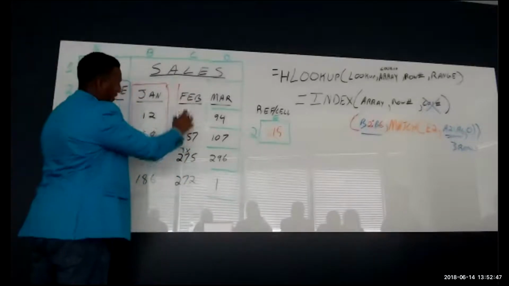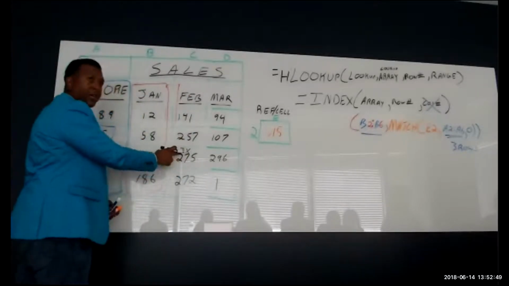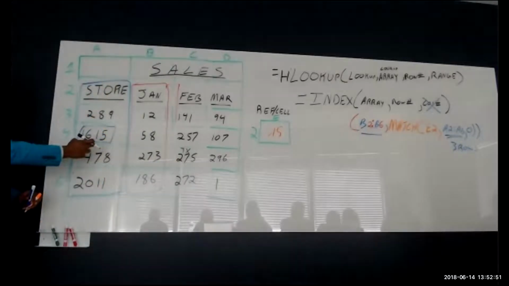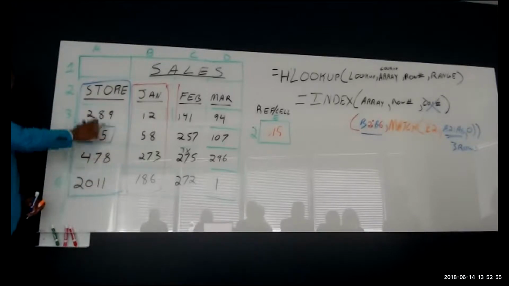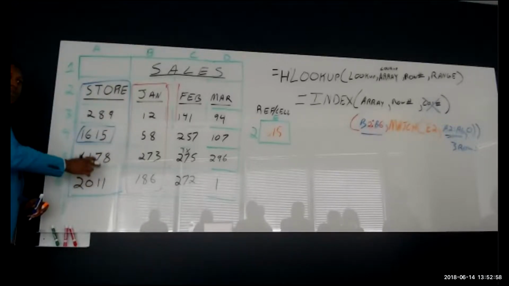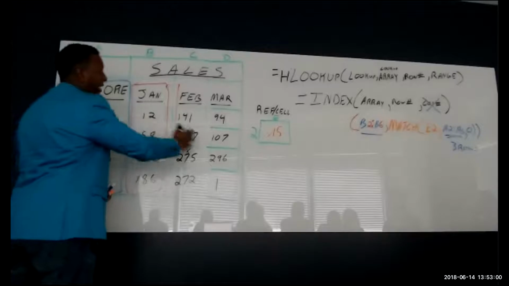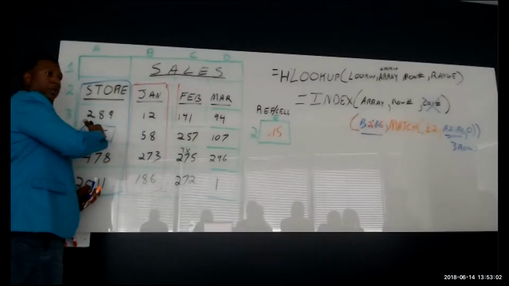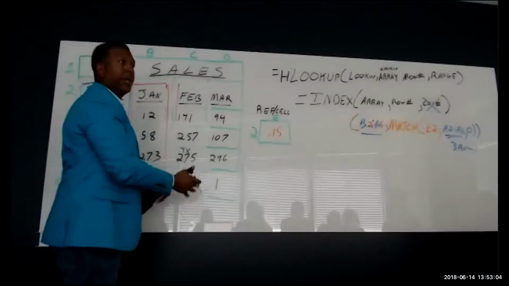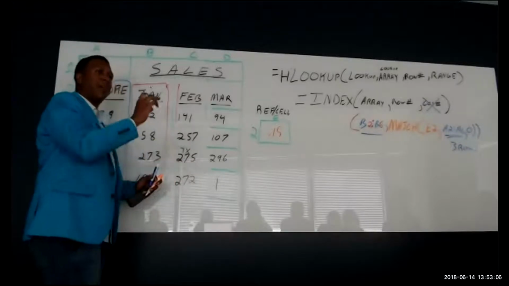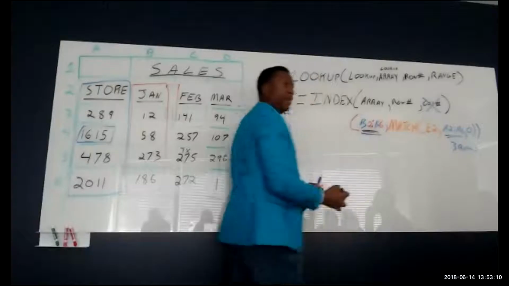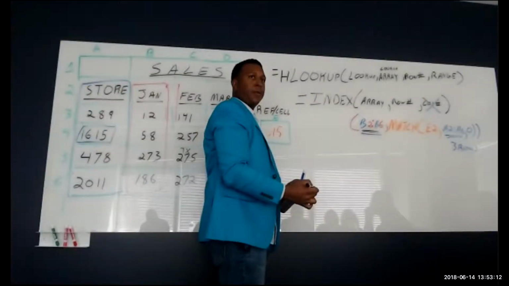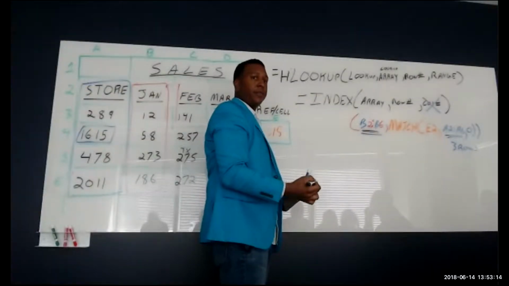I can say, all right, Texas is 4 rows down. Give me what's to the left of the formula by just selecting the area you want to return. So I don't have to go left to right. I can go backwards, forwards, up, down. I can go anywhere I want because I'm already telling it exactly what row or column to find it in.